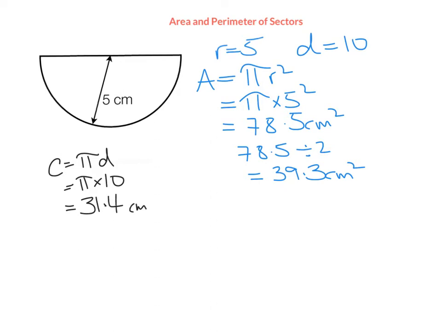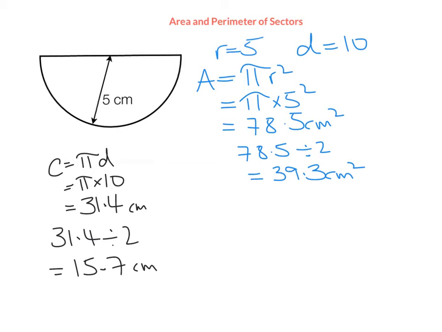Now, because again it's a semicircle, I have to divide that by 2. So 31.4 divided by 2 gives me 15.7 centimeters.